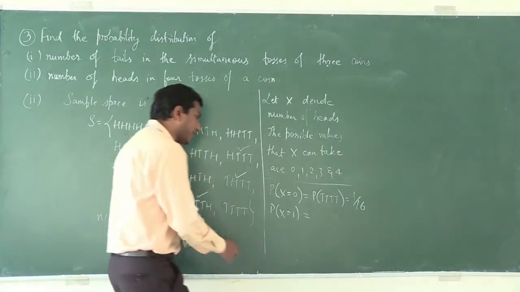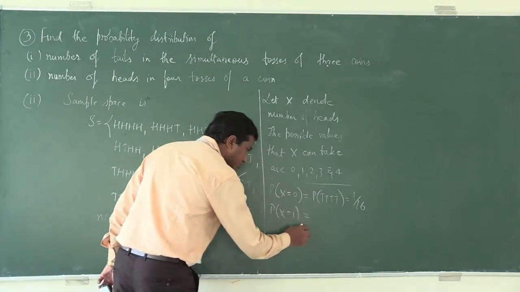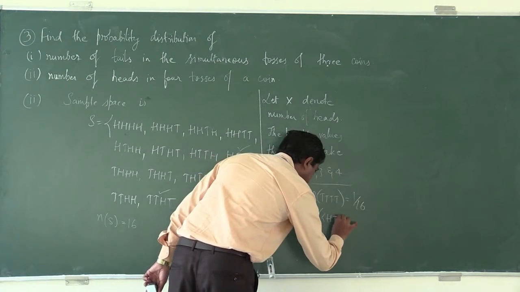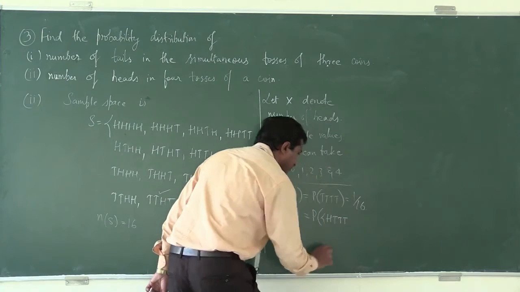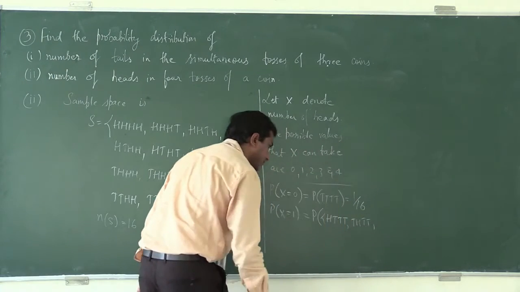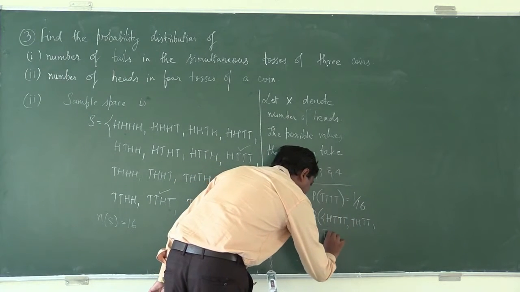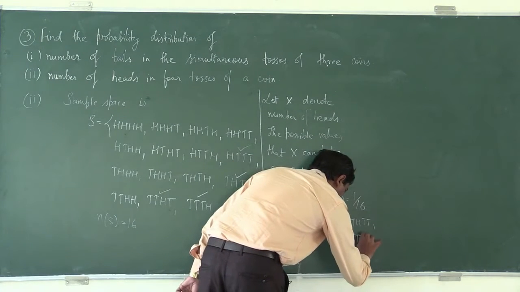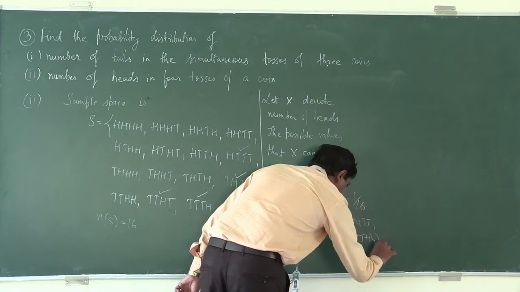So I write that P of X equals 1 equals P of HTTT, then THTT, then TTHT, then TTTH.